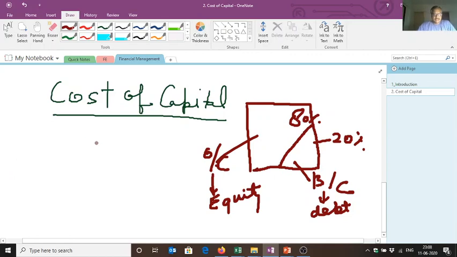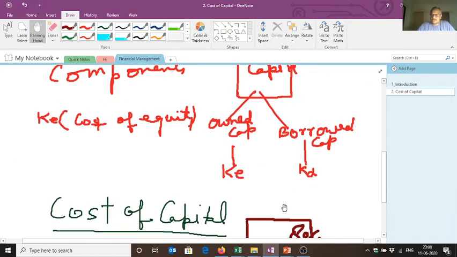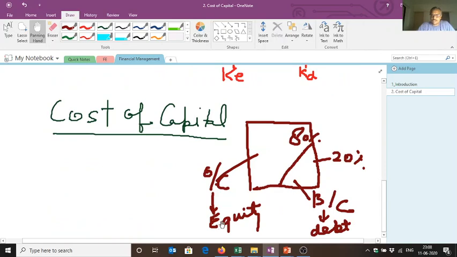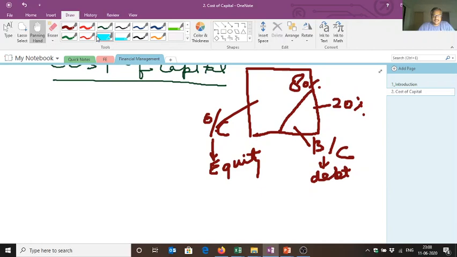Taking the example I was just discussing, cost of equity and cost of debt: I can define the cost of equity as KE, and similarly the cost of debt as KD. Now I'm giving you a mathematical definition.